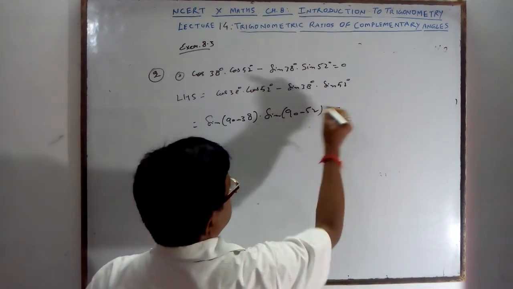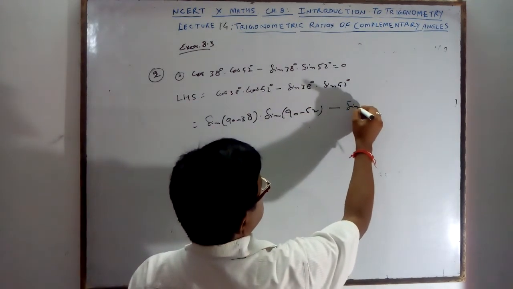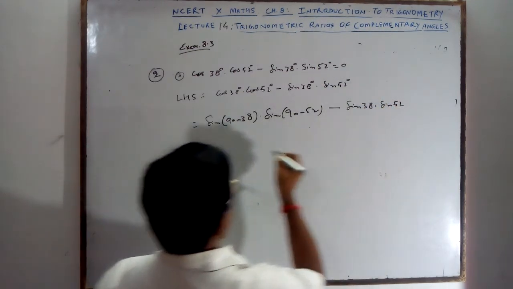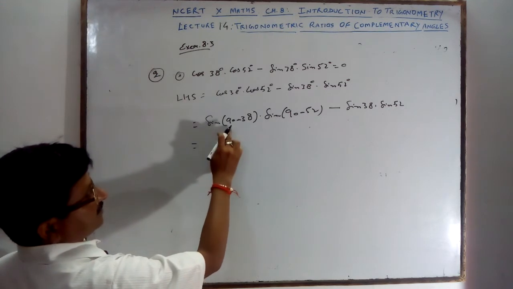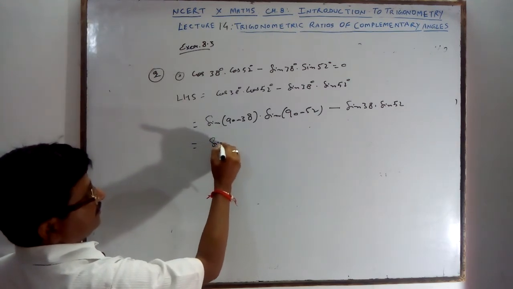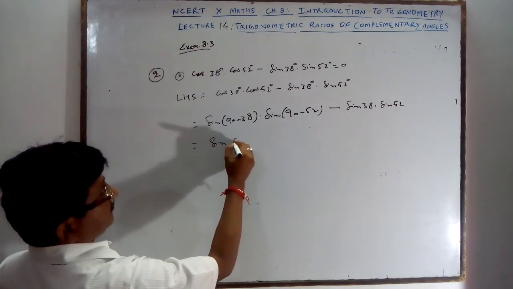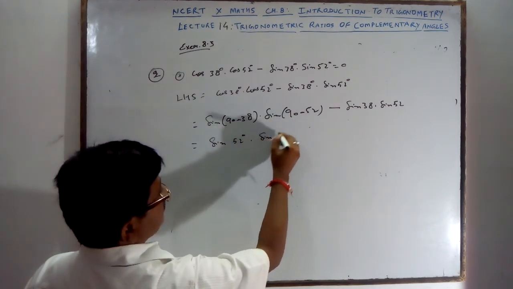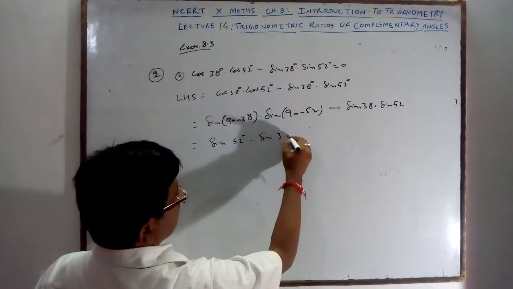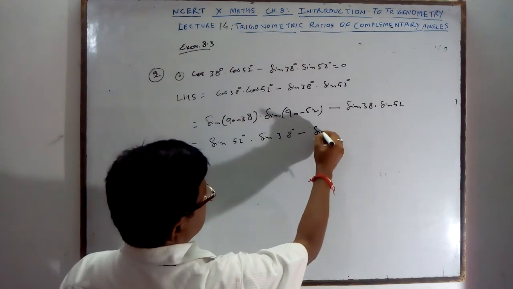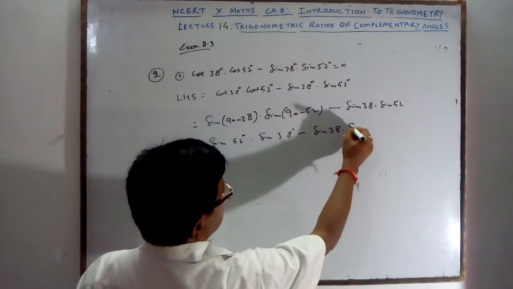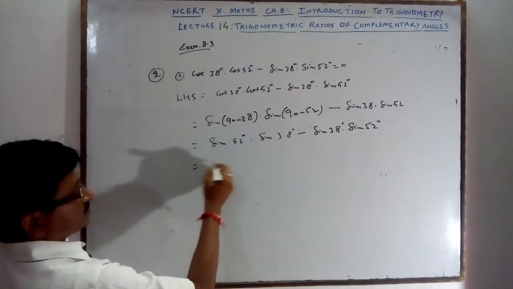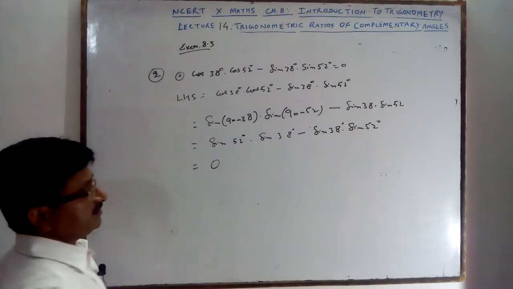Then don't touch the second part, sin 38 into sin 52. Now sin 90 minus 38 will be sin 52, and sin 90 minus 52 will be sin 38, minus sin 38 into sin 52. Both are equal, so both will be cancelled and your result is 0.